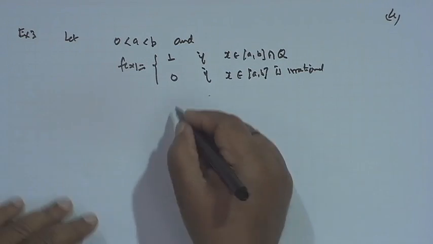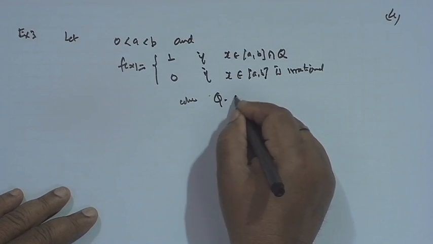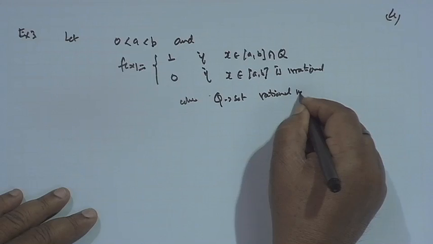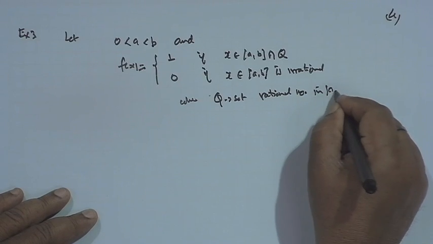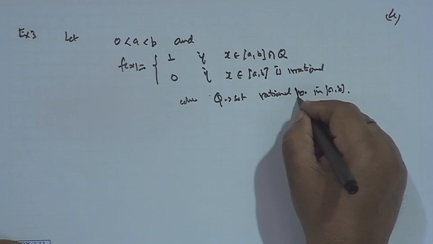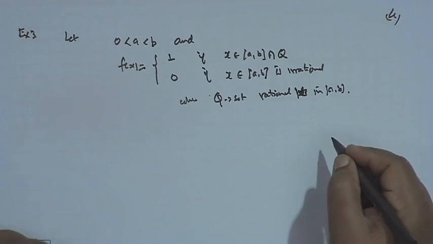So, q is the set of rational numbers in the interval a b.